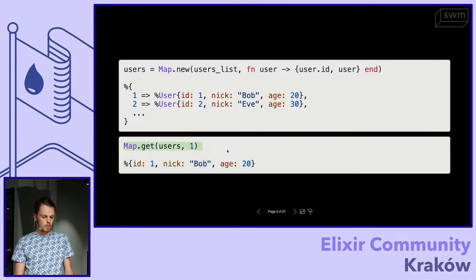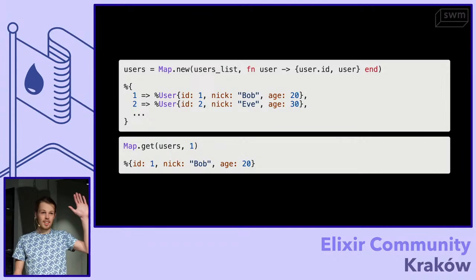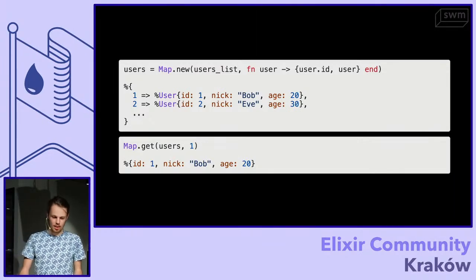So we pass an ID and we get Bob. So I have a question for you. Have you ever written code like this or seen code like this in Elixir or any other language? Okay, a couple of you did. Oh, actually, a lot of people did.